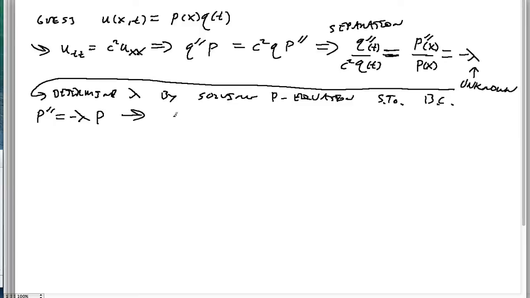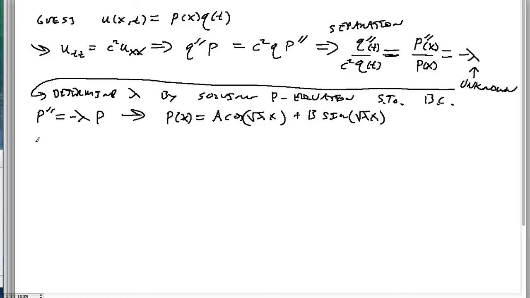So we have the standard P double prime equal to negative lambda P, and that elicits solutions of the form P of x equals A cosine square root of lambda x plus B sine square root of lambda x.